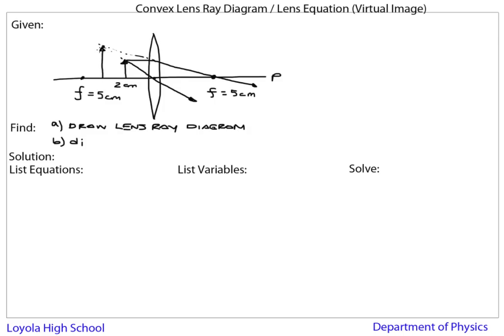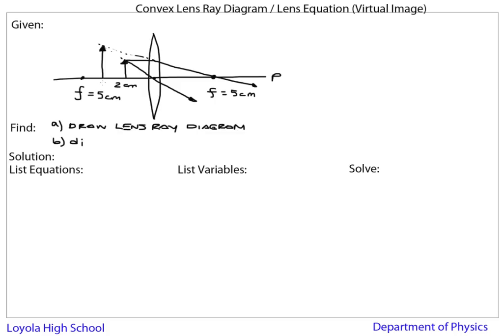So you would interpret that as a larger object, or basically a magnifying glass, on the left-hand side of the lens. So that's a lens ray diagram for a convex lens.